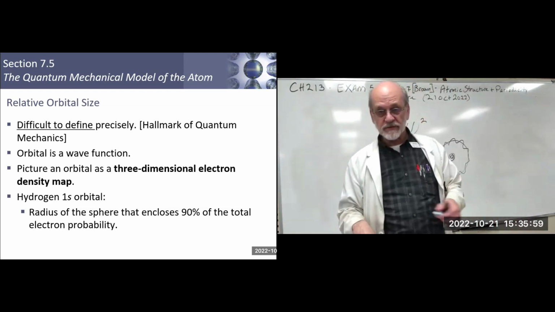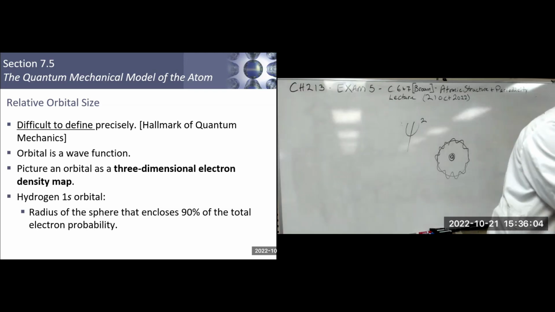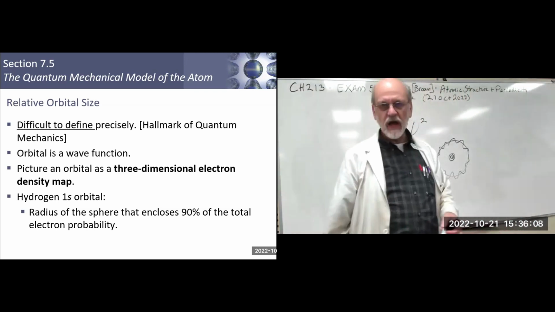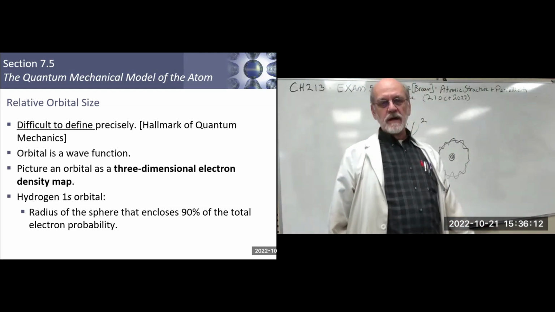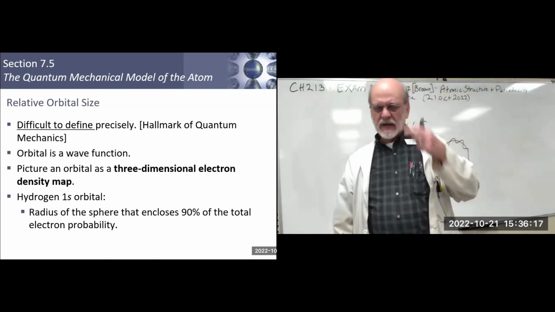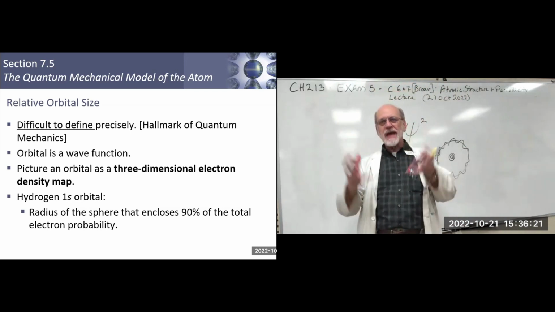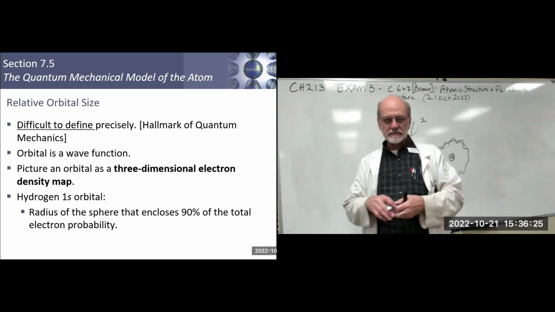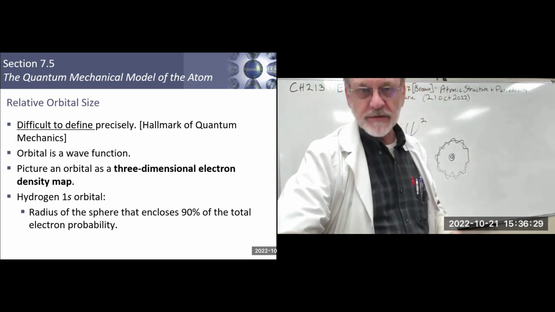That solves the problem of decaying orbits, because waves don't decay, not in your typical physical sense. Usually when you see an orbital map of electrons around an atom, that's the 90% probability that you will find an electron in that region of space.